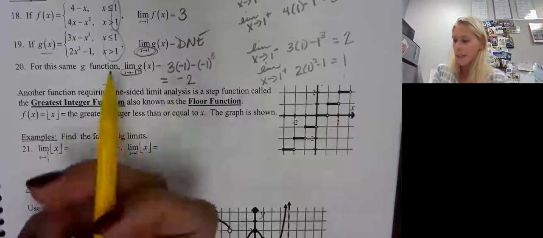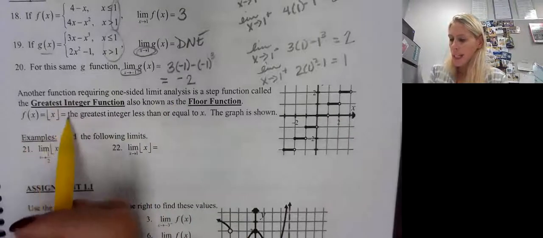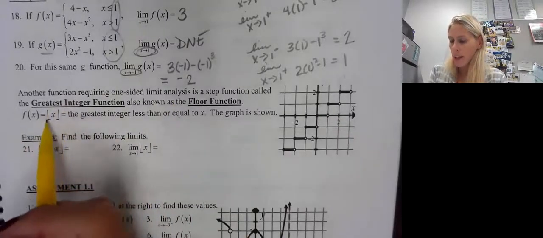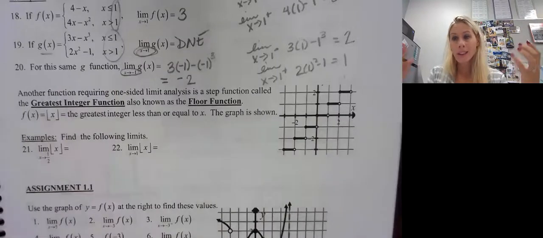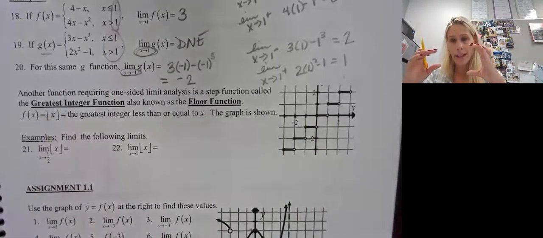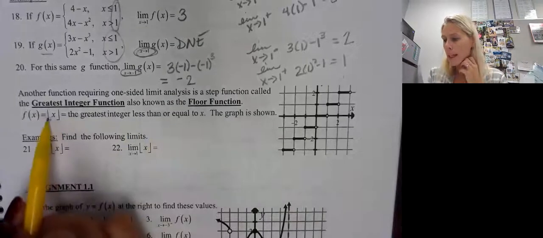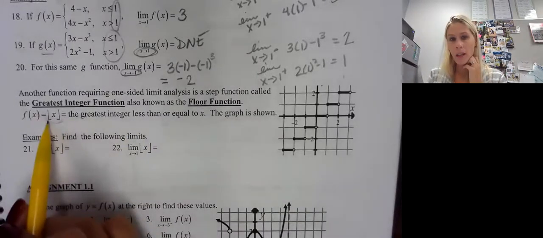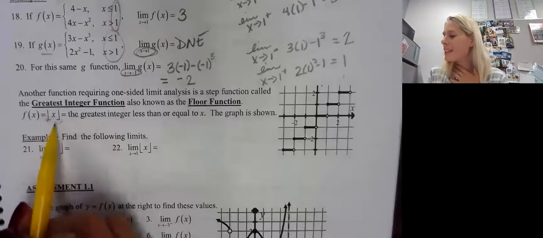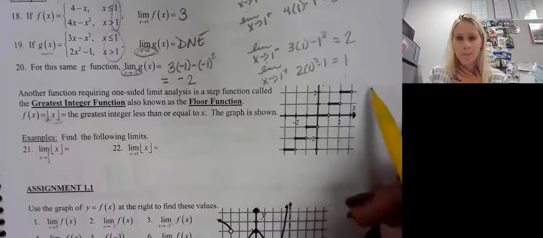What happens is its notation looks like L's on both sides here. So it's not brackets, it's not a full bracket, and it's not absolute value. So keep in mind, when you see that come in there, I want you to ignore the question. This function looks like steps.